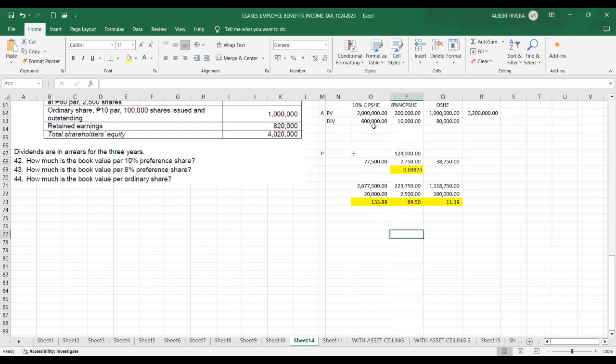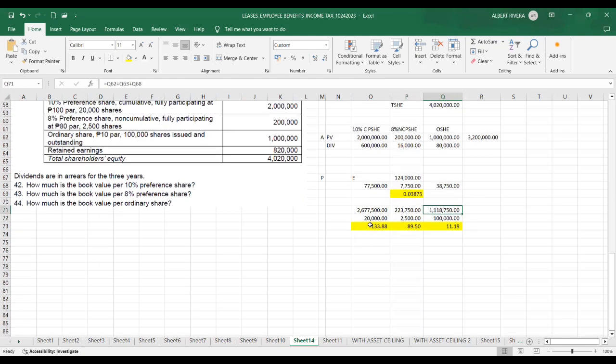Okay, so the total here is 2,677,500, 216,750, and 1,118,750 divided by the number of outstanding shares, 20,000, 2,500, 100,000. Answers are 133.88, 89.50, 11.19.